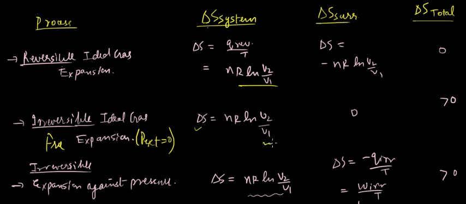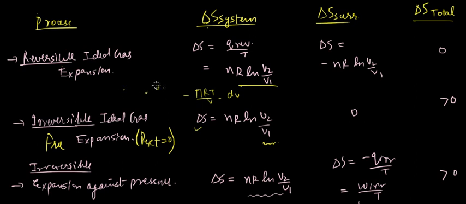Okay, because expansion is still there, and work done would still be minus PdV, and P can be written as nRT upon V. This is P, and PdV would be something like this. So this would be minus of Q, because W plus Q equals 0.